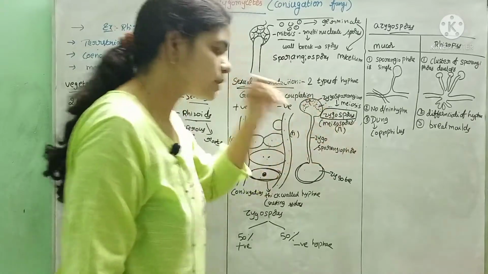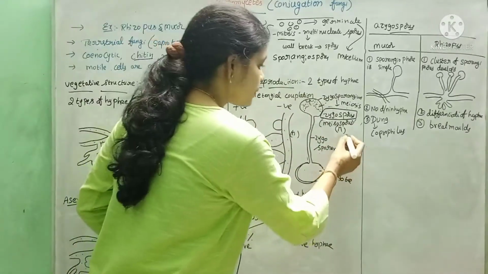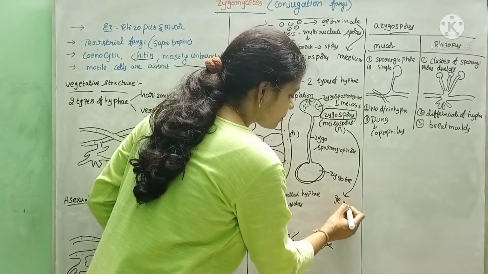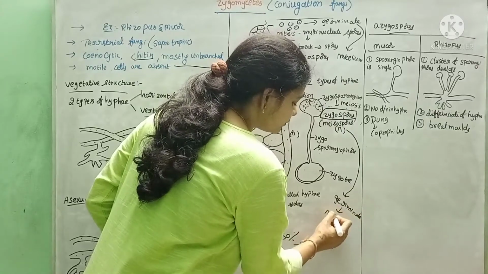From these zygospores, they undergo germination and develop into mycelium.